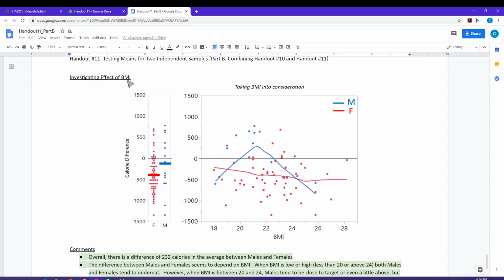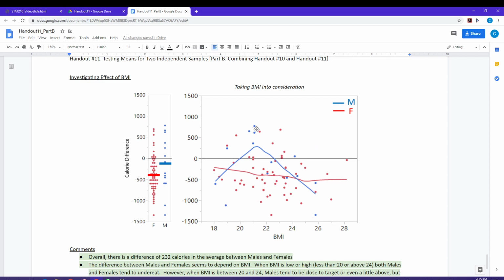Well, what if I also wanted to consider BMI, or body mass index, of each person? Then I'm going to need to use a scatter plot. So here I have BMI across the x-axis. I have the calorie difference on the y-axis. And then I've marked my points by either males or females here. And then I just put these trend curves or trend lines inside of the scatter plot.